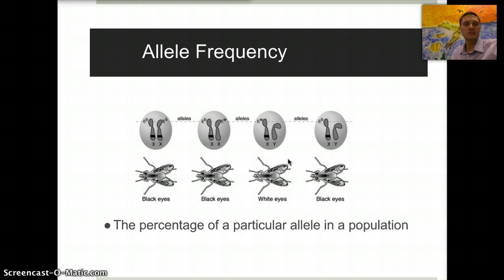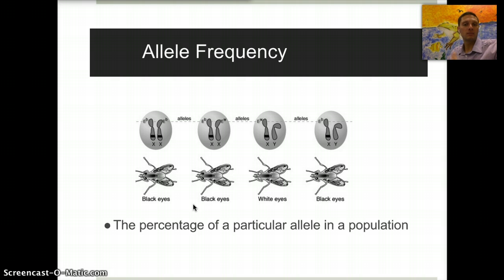The allele frequency is then the percentage of a particular type of an allele within a population. Previously in our genetics unit, we've talked about how a good example of a trait might be eye color. We're looking at a specific type. Here in our image, we were looking at the eye color of some fruit flies. Now, the allele frequency is particular to that type of trait.